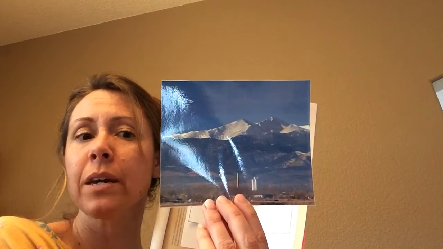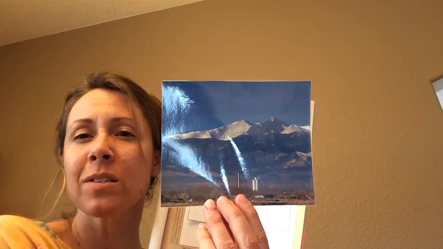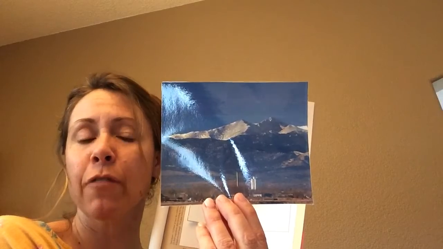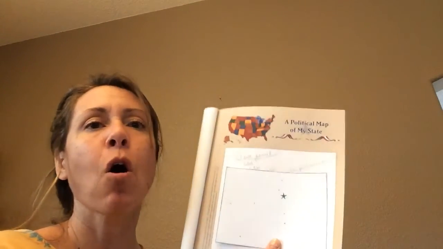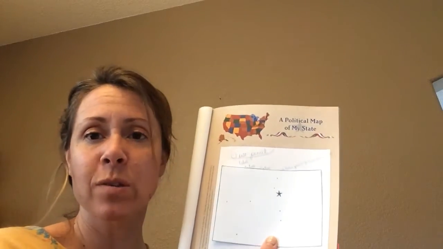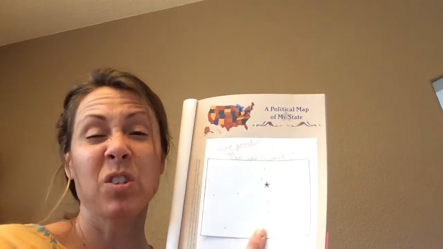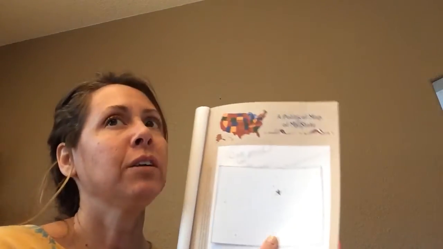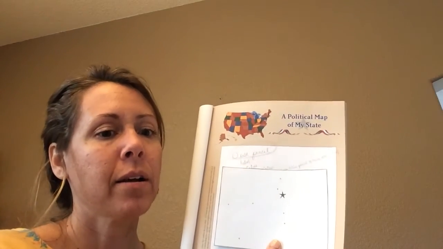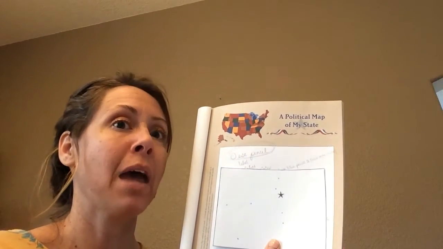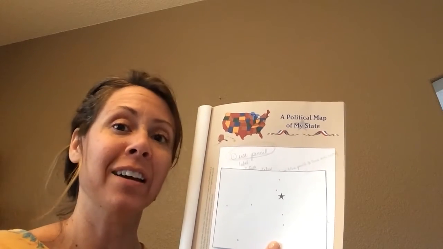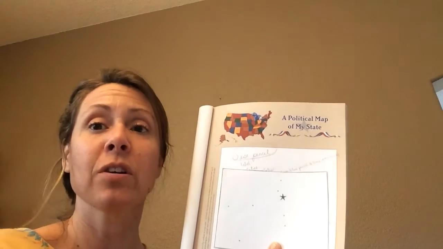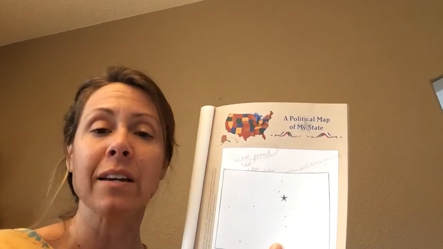So there's Long's Peak. Long's Peak is a 14er. A 14er means that it is a mountain that is over 14,000 feet. So that's pretty tall. Usually a 14er has snow on it late into May and June, and sometimes it can snow in July and August on a 14er because a 14er is over 14,000 feet.